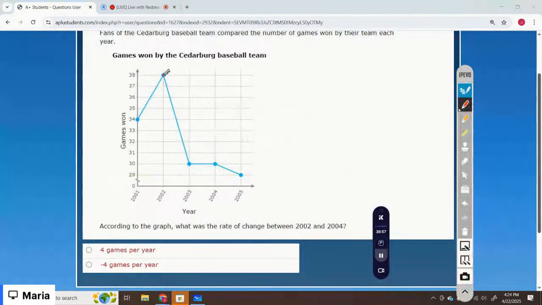2002 is 38, and 2004 is 30. 2004 minus 2002 is 2, and 30 minus 38 is negative 8.